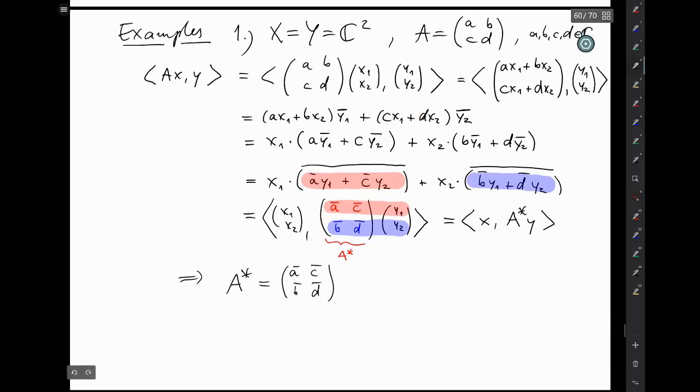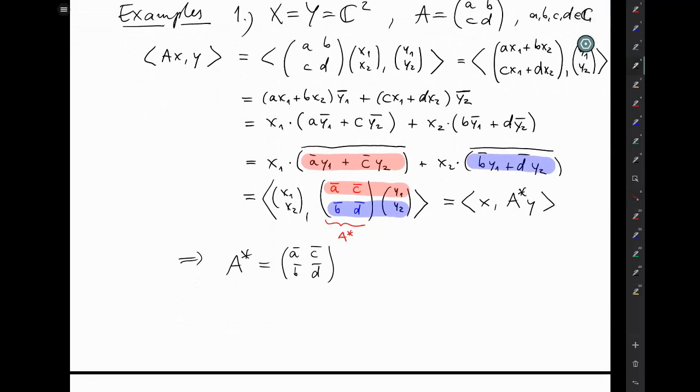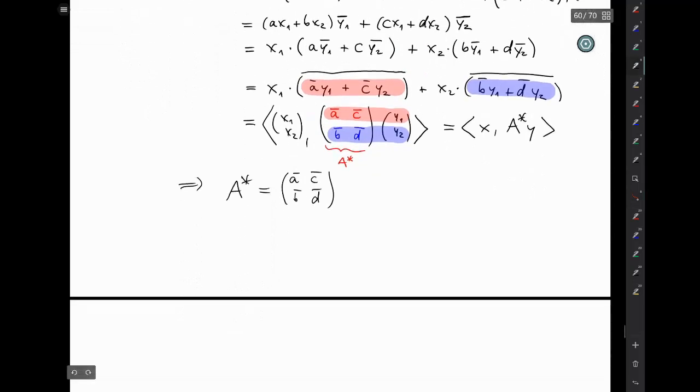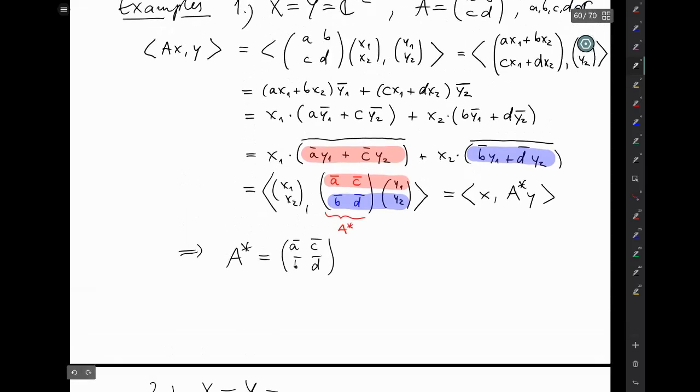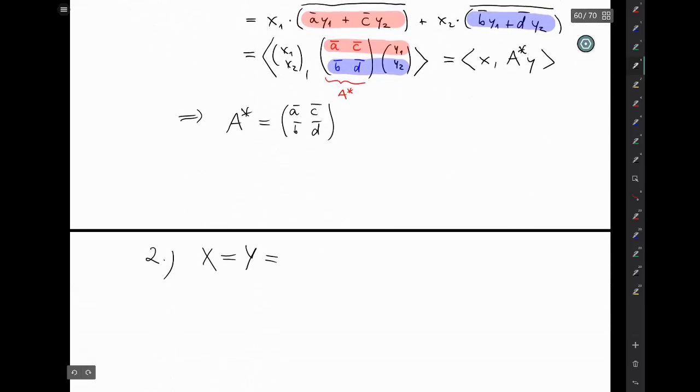Okay, time for another example that you probably didn't do in your first year linear algebra course. Let's again take x and y to be the same space, but this time infinite dimensional. And because we need scalar products, let's take L2. And let our operator A simply be the forward shift.